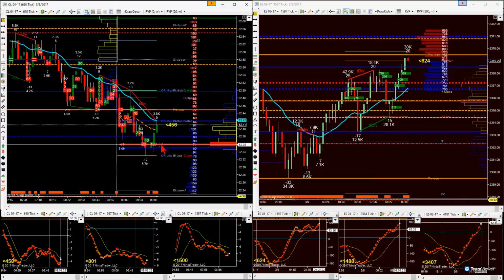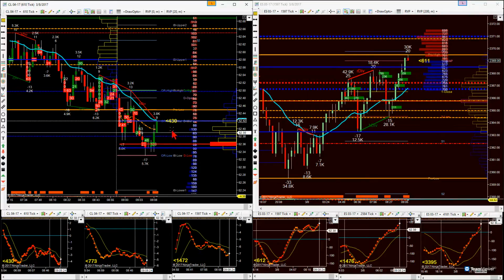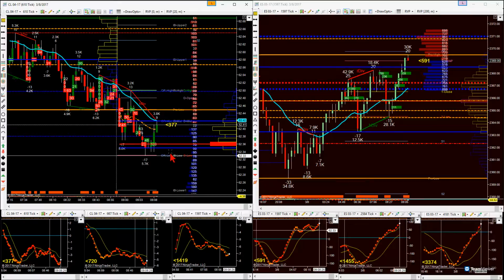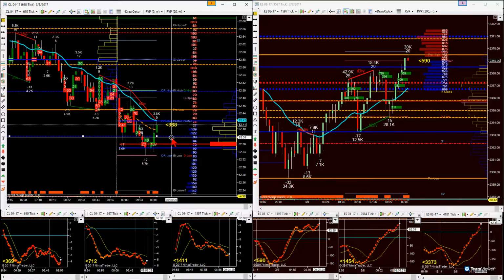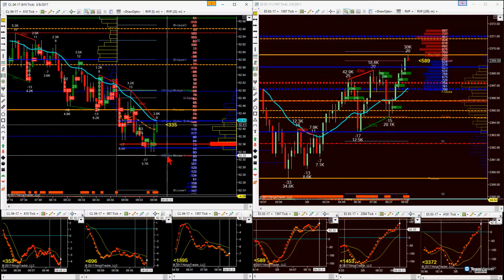So BBs have turned up, but not to the extent where I believe they would show divergence if we were to ultimately make our move back down here. But don't want to get overly aggressive here.